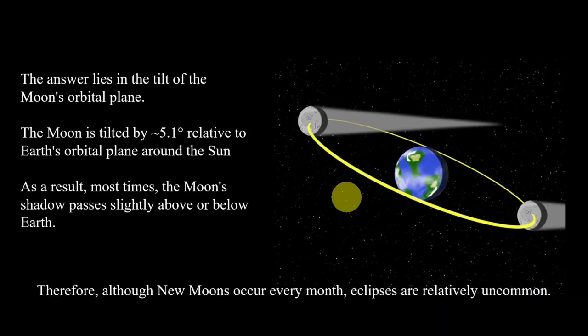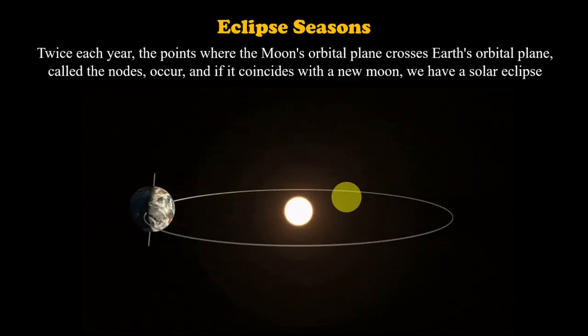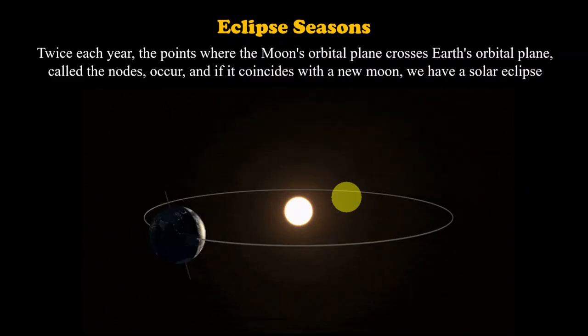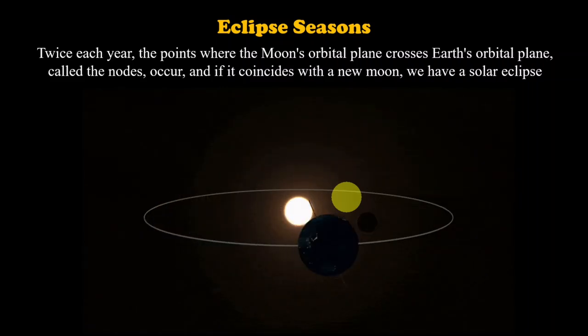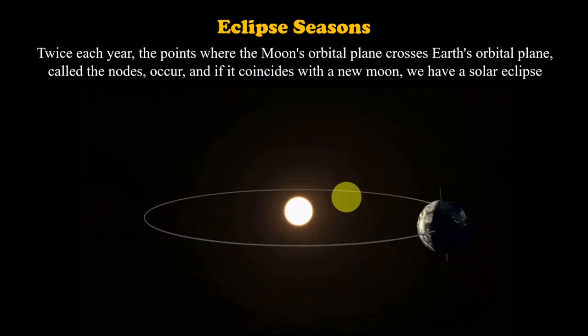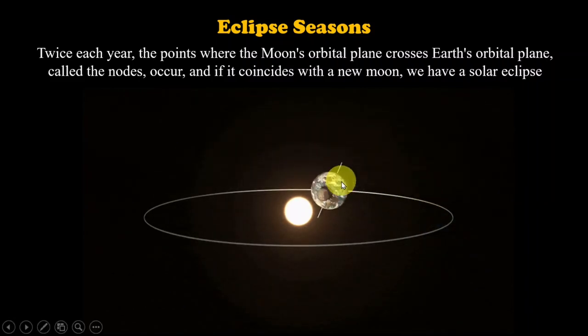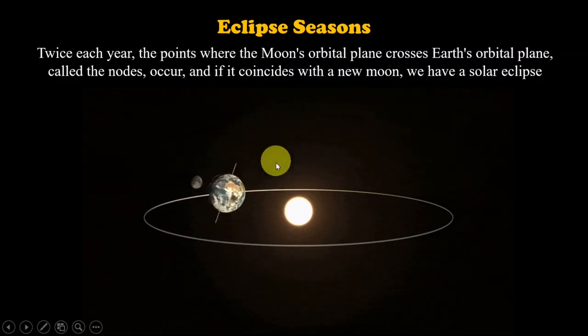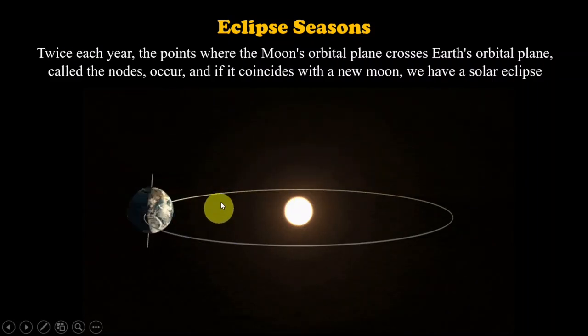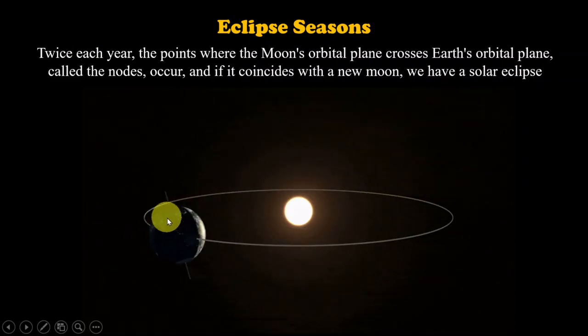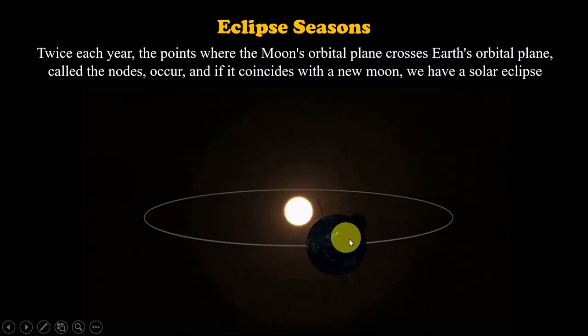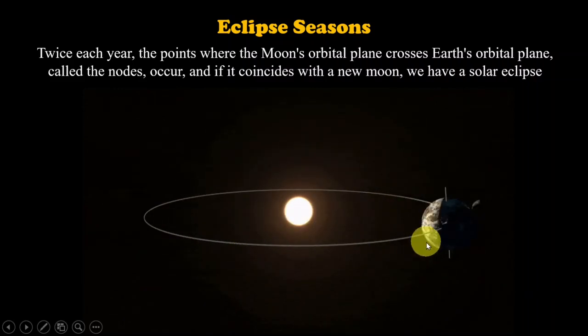Now, at what point does the shadow touch Earth? It happens two times in a year. This is Earth orbiting the sun, and you can see the tilt, and you can also look at the moon revolving around Earth.